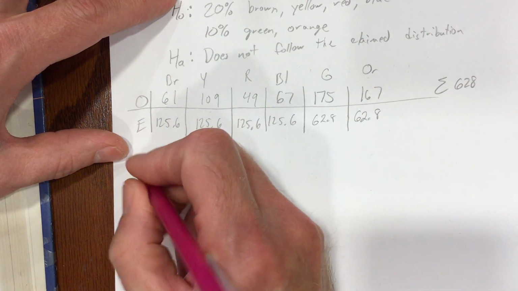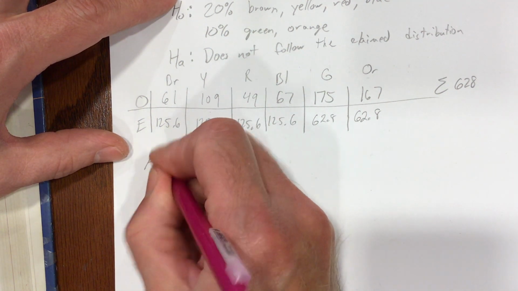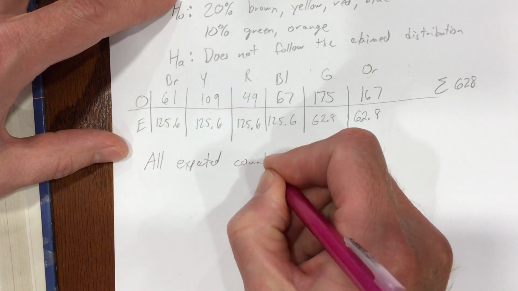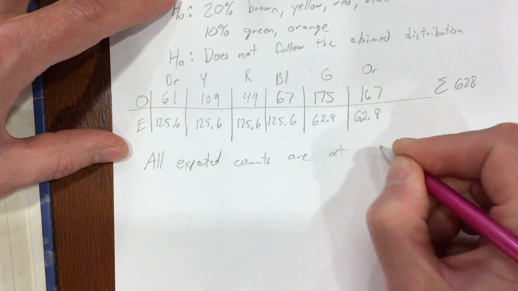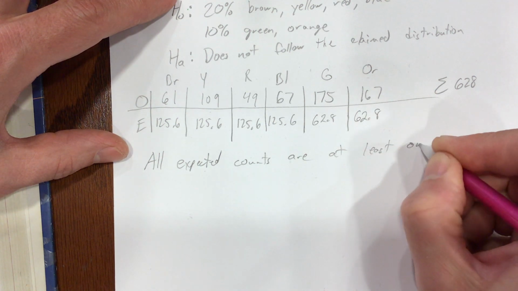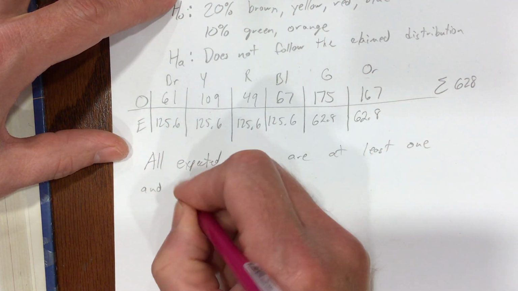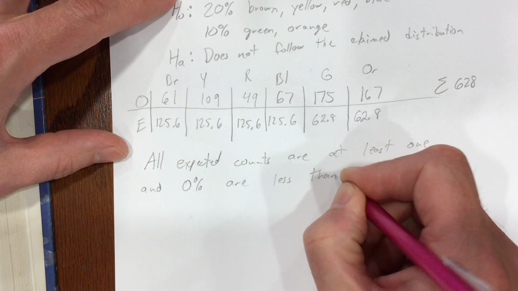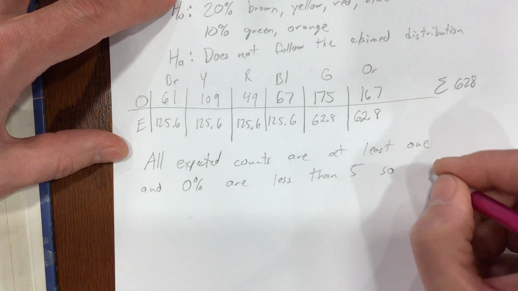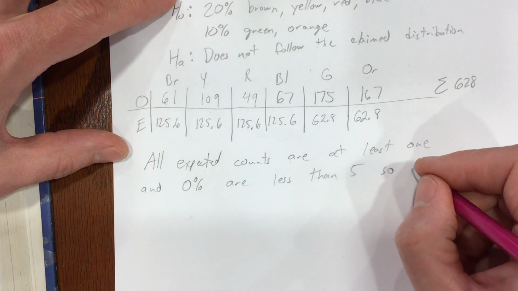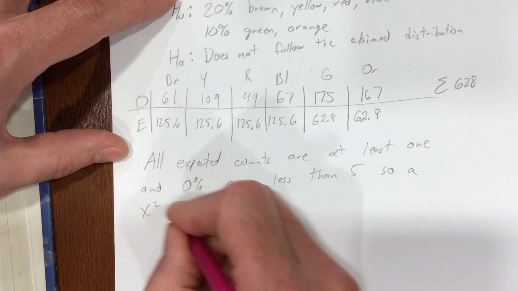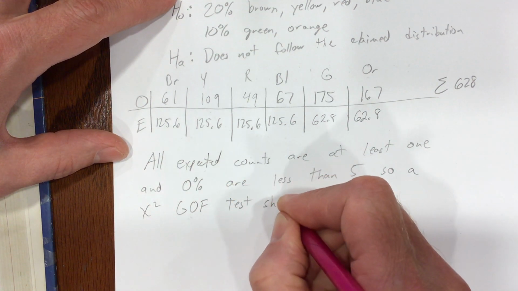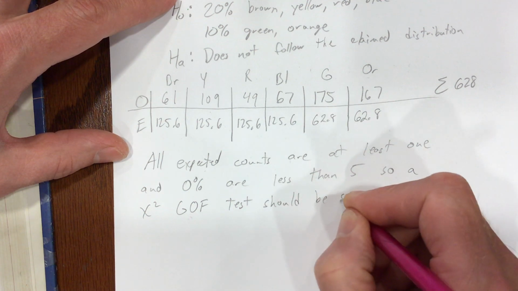All right, for our chi-square check, all expected counts are at least 1, and 0% are less than 5. So a chi-square goodness of fit test should be safe.